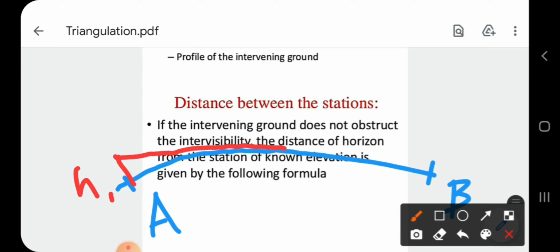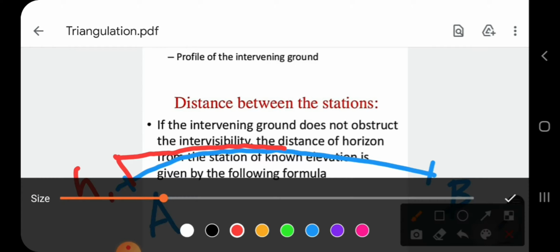For example, suppose we are standing on a seaside, so we can see only up to a particular distance. After that our vision is obstructed. So that distance depends upon our height. This is the curvature of earth and we are standing at a height h1, and we can see only up to the horizon.